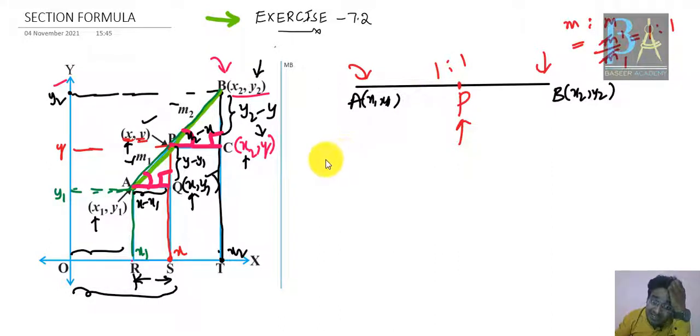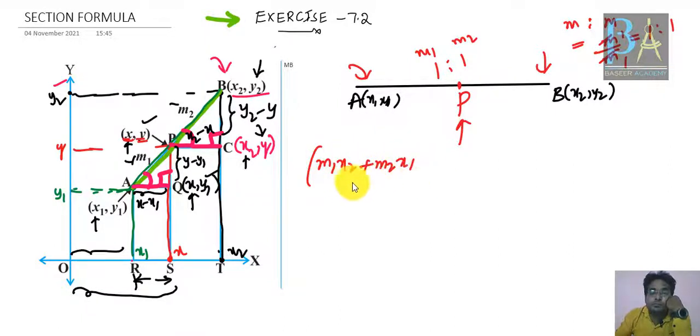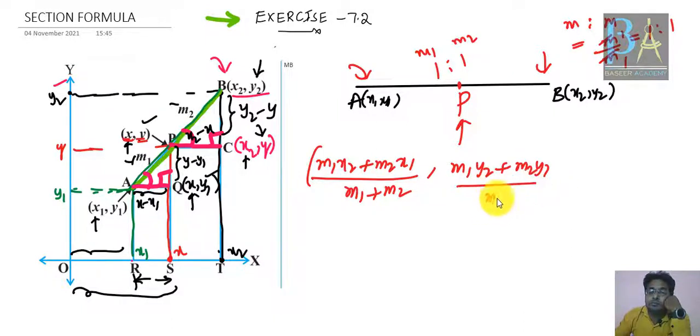Now in the section formula, in place of m1, let me write 1, and in place of m2, let me write 1. Let me first write the section formula for you. The section formula is pretty simple. Now in place of m1, if I write 1, and in place of m2, if I write 1, I end up getting something like this.